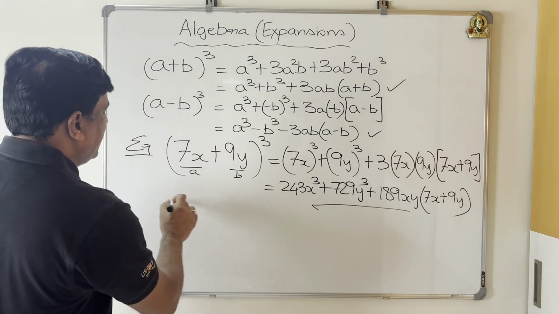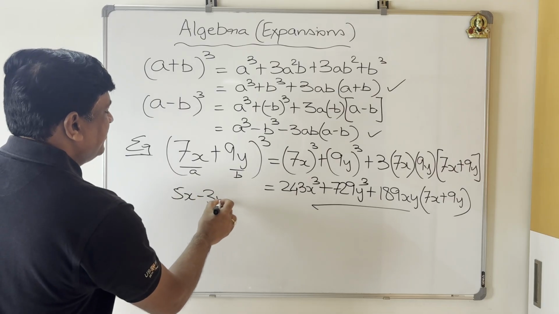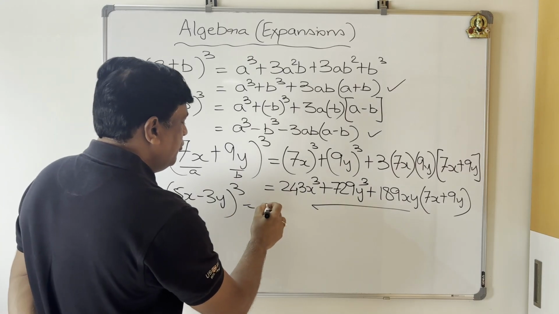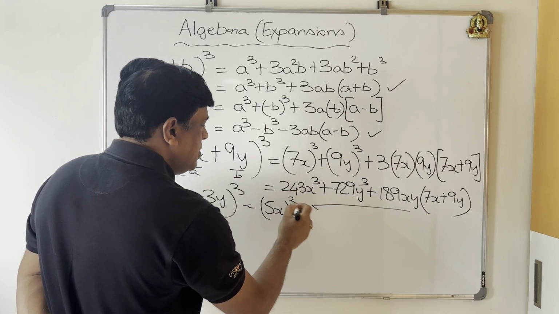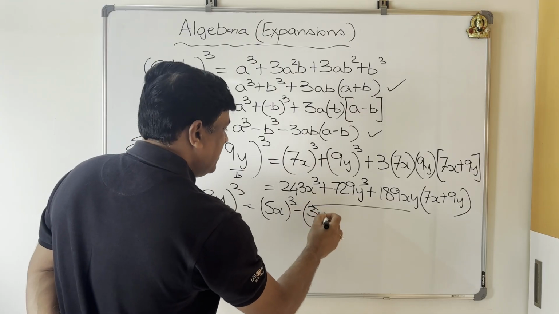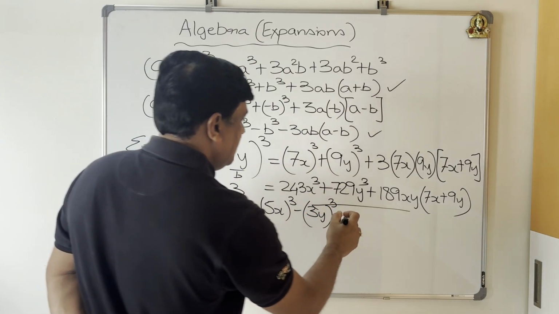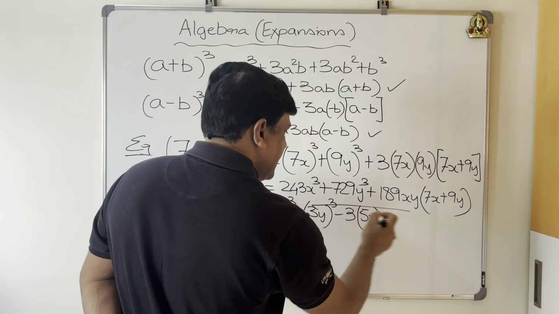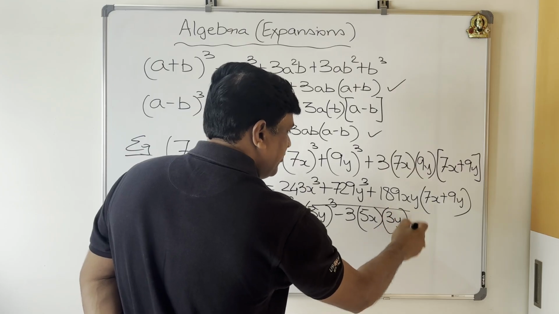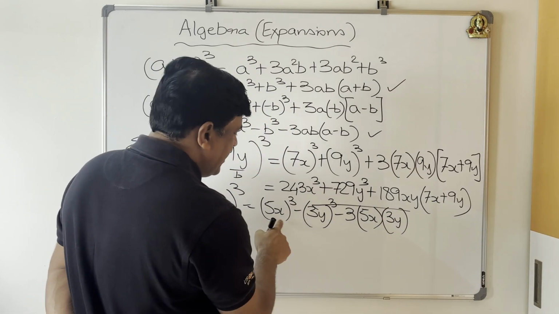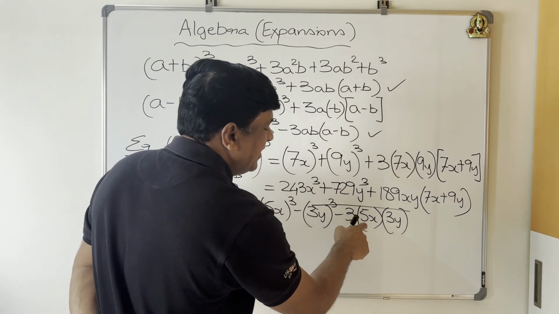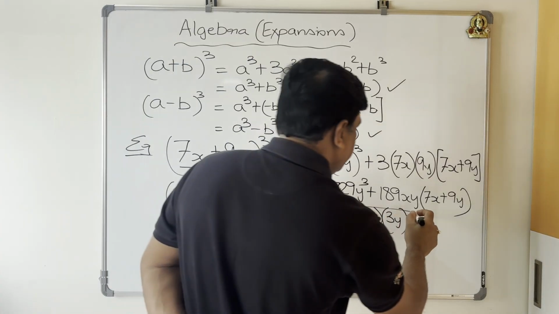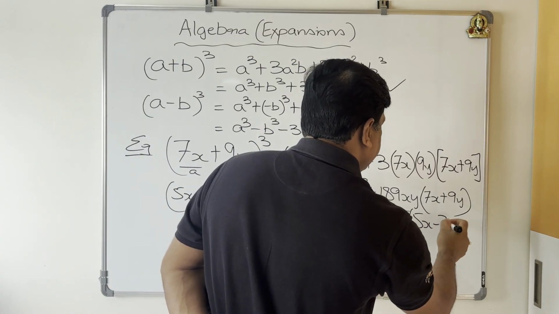Similarly, if you get something like 5x minus 3y whole cube, you can do the same thing. What are you going to do? 5x whole cube minus 3y whole cube minus 3 times 5x times 3y, because that is a cube minus b cube minus 3 times ab, see, minus 3 times ab times 5x minus 3y.